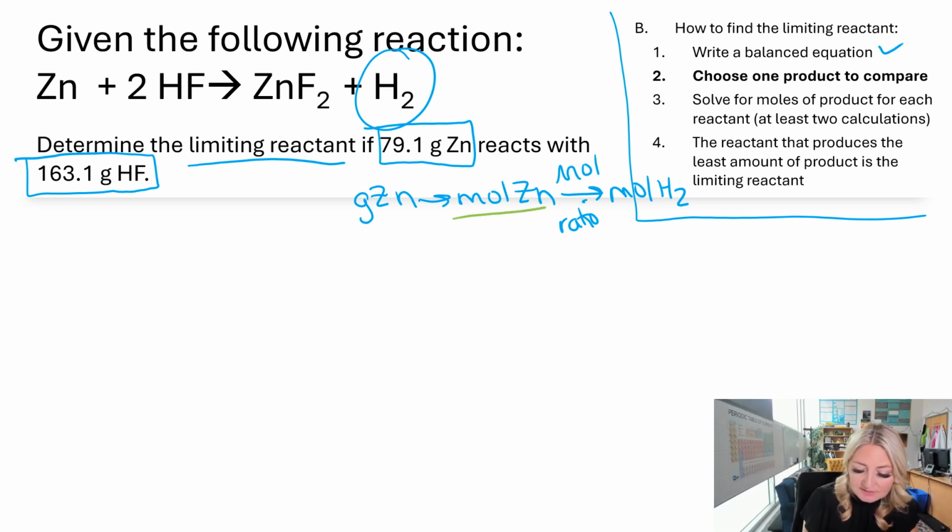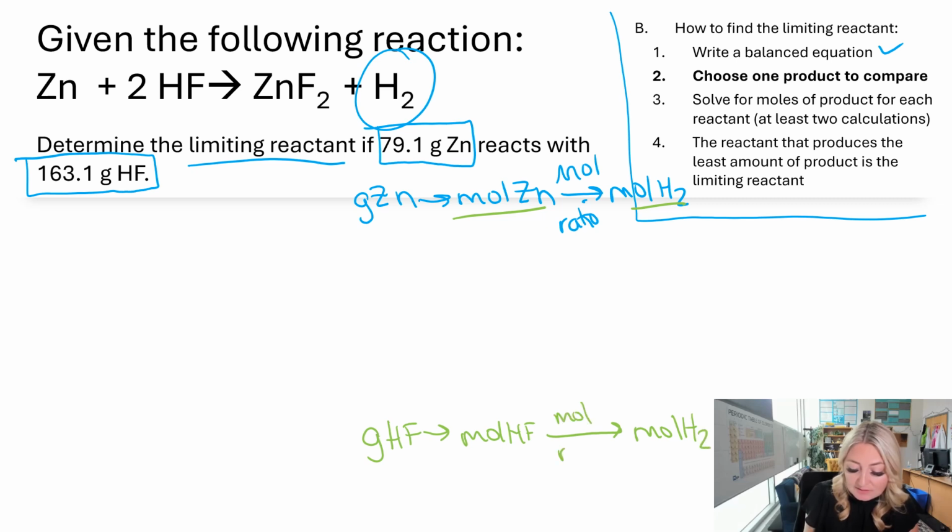You see the substance changes from zinc to H2. And we're also going to do the same thing for grams of HF. We're going to convert that to moles of HF. And then eventually we'll use a mole ratio to convert substances. So there's our mole ratio, because we're changing from one substance to the next.